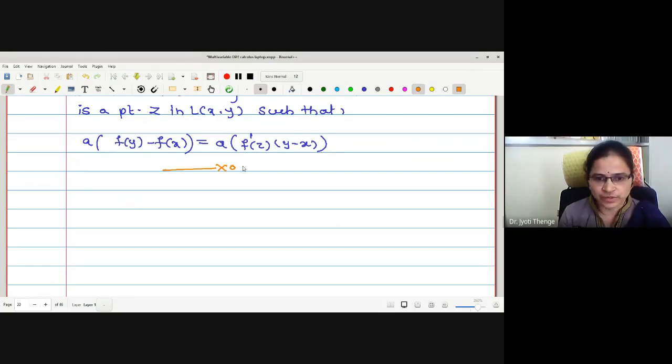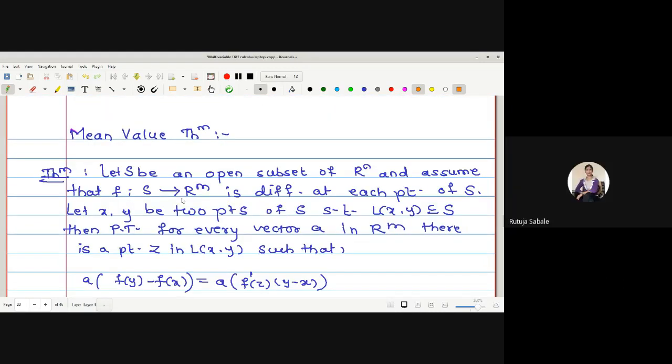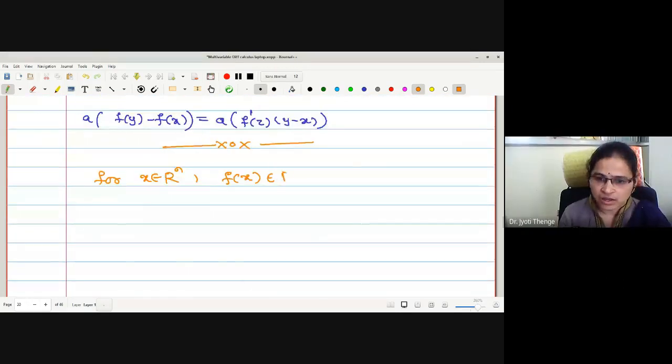Suppose x is any point in the domain space. What about its image f(x)? In which space is it going to be? It is in R^m.